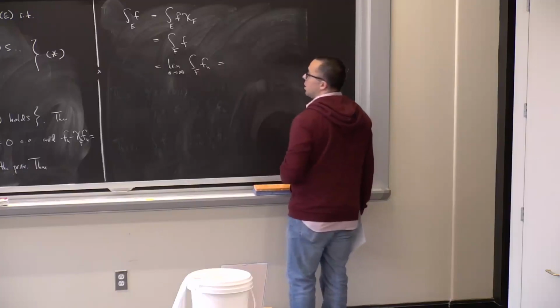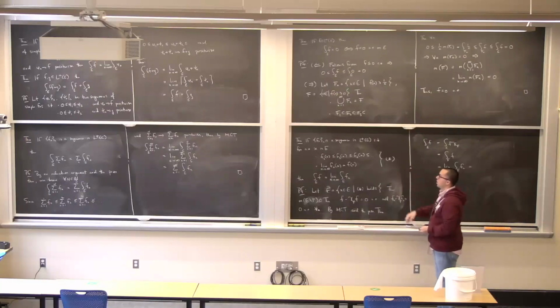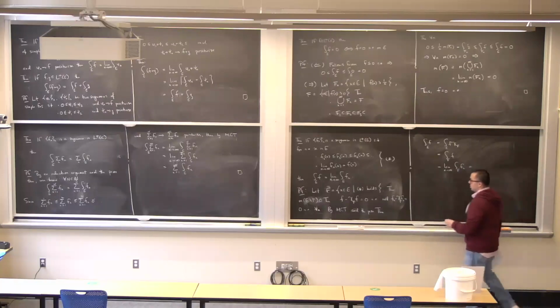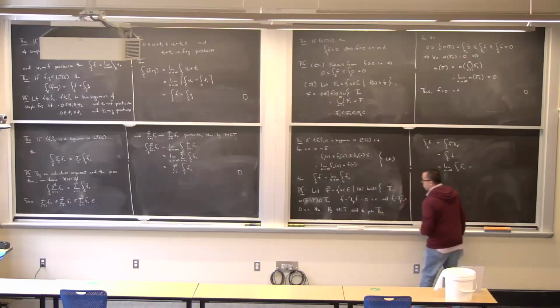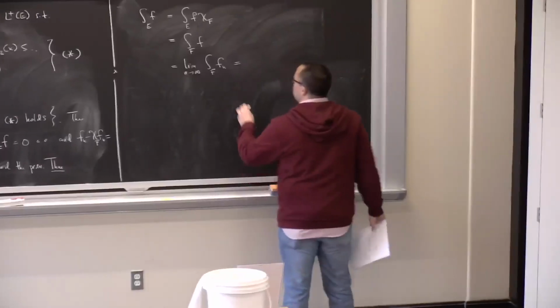And this is equal to, so, okay, I really didn't need the previous theorem. I could have used what I had earlier, that if I have two functions which equal each other almost everywhere. So this previous theorem should not be referring to what I just proved a minute ago, but really to the theorem at the beginning of lecture, that if two functions equal each other almost everywhere, then their integrals equal each other.